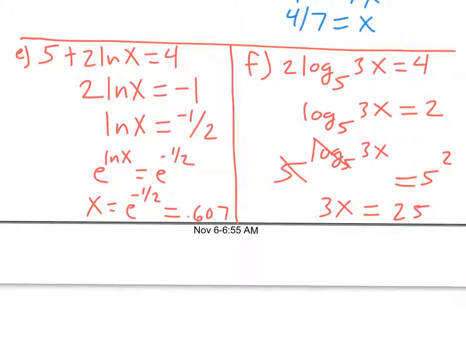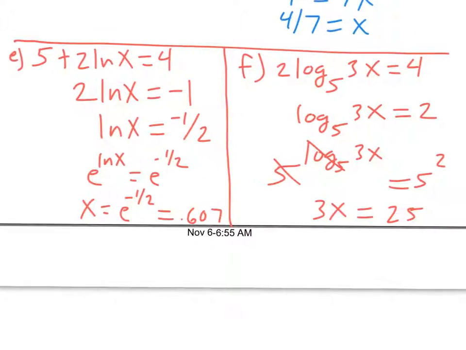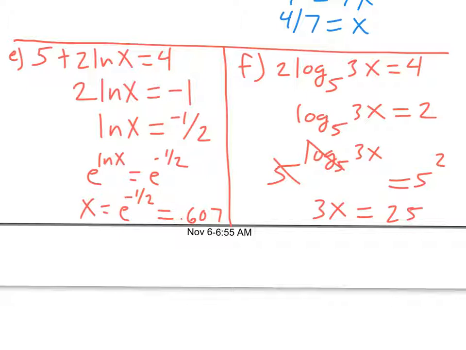3x equals 25. And dividing both sides by 3, you could leave your answer as 25 over 3, or like decimals, you could go 8.3 repeating. Okay?